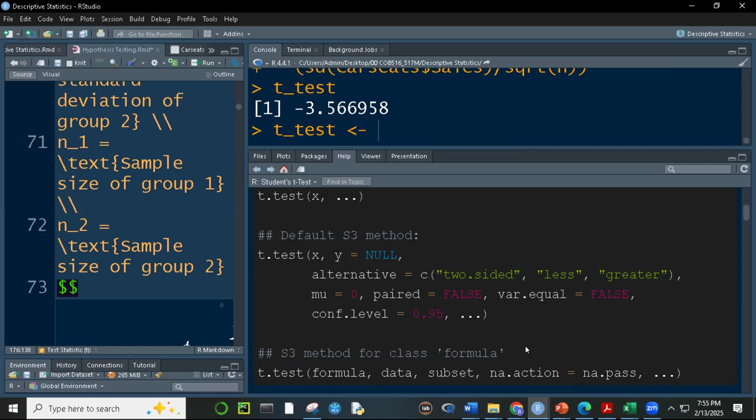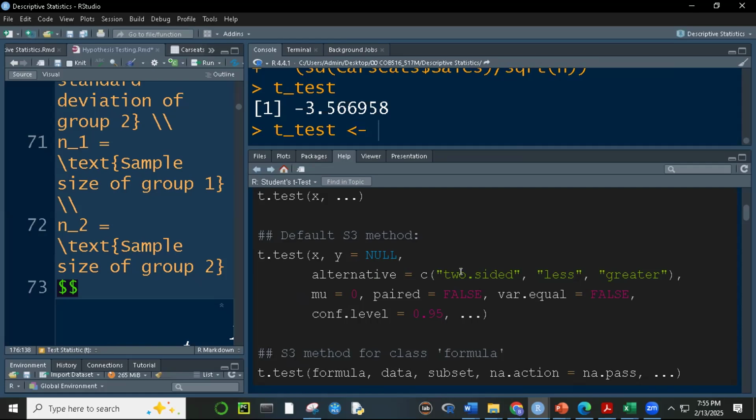We can specify the mean, and then we can state the alternative, either less or greater. For example, specify the mean mu is equal to 8, and then we state the alternative.